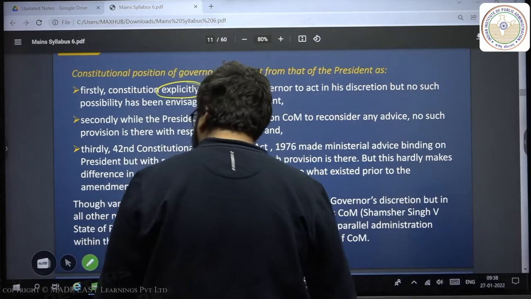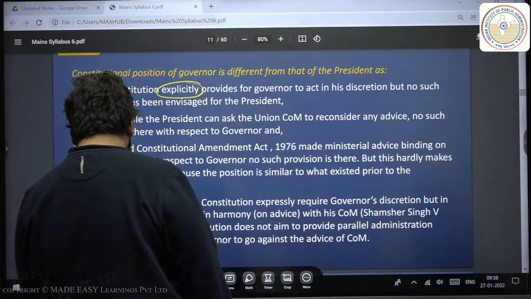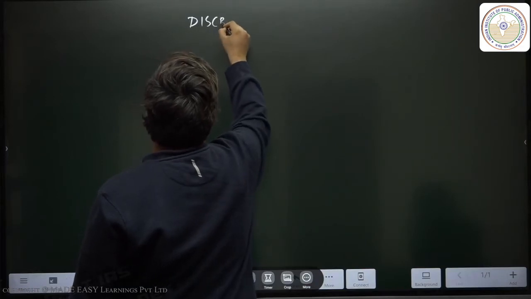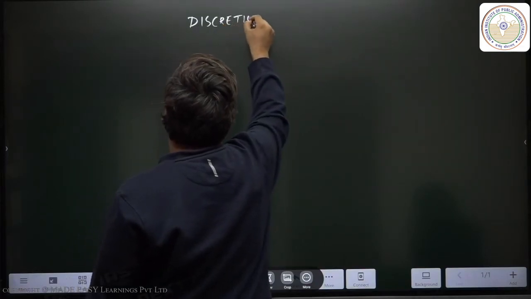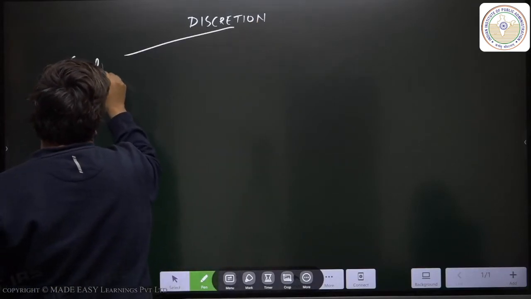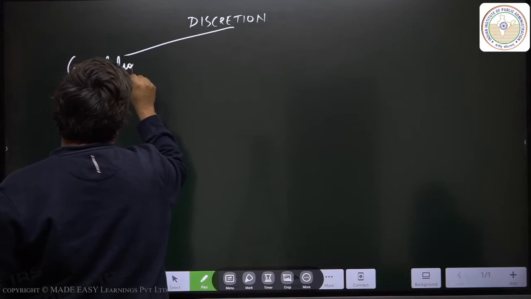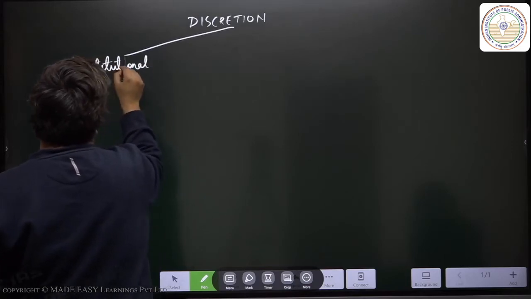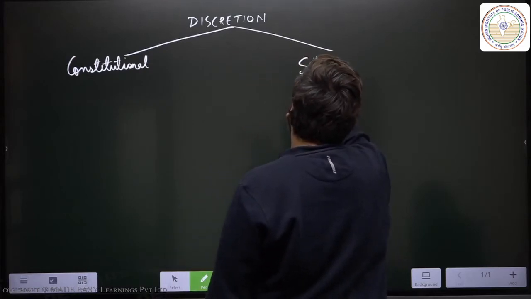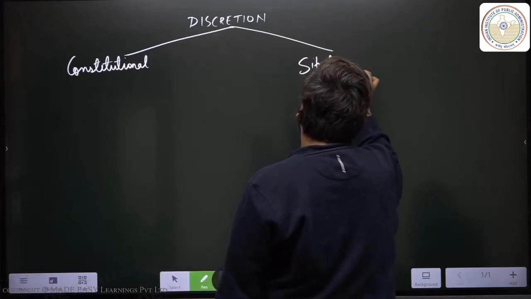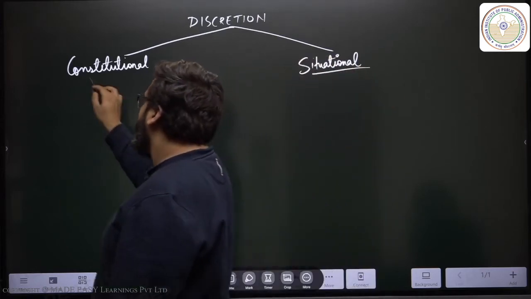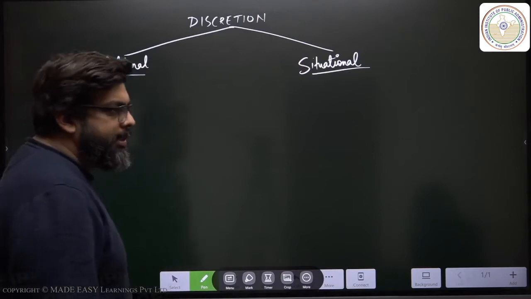Now, this is also an appropriate time for me to explain this to you. When we talk about discretion, there are basically two kinds of discretions. One is called a constitutional discretion, and the second is called a situational discretion.